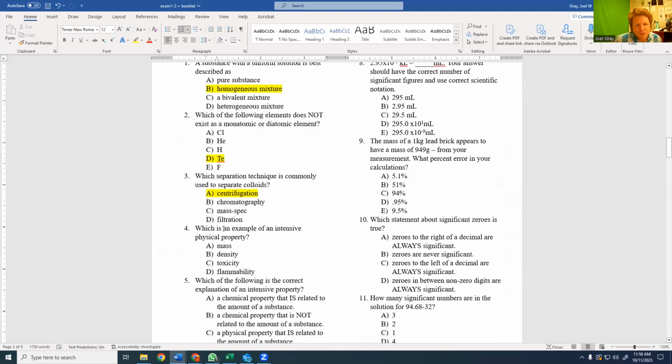Okay, next up, which is an example of an intensive physical property? Okay, so our intensive physical properties. An intensive property is something where if you change the quantity of that something, it will not change. It will remain unchanged.